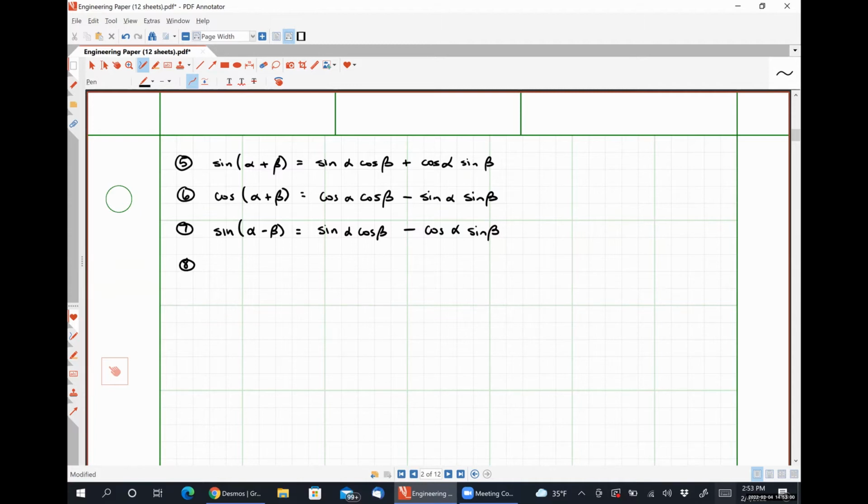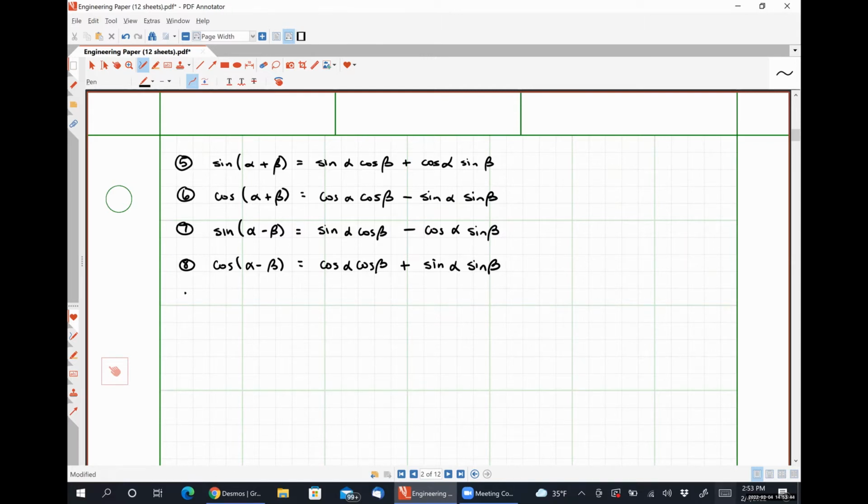And our last one of these is cosine of alpha minus beta, which is cosine alpha cosine beta plus sine alpha sine beta. Okay. Again, I do not expect you to actually memorize literally any of these 4, but at least for today and maybe the next lecture or 2, until we've really nailed down the shortcut, we might have to come back to looking at these.